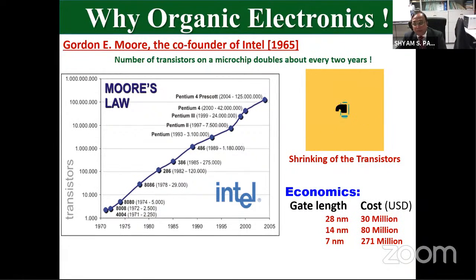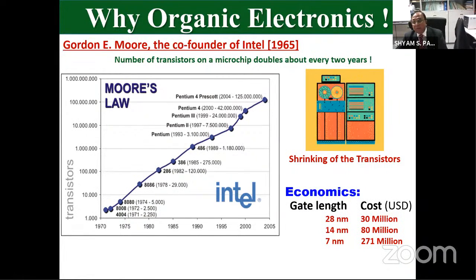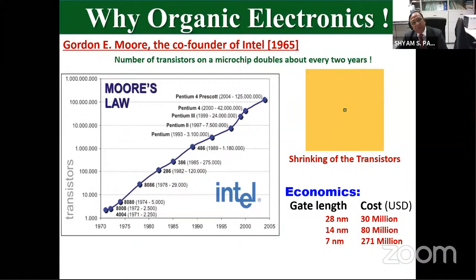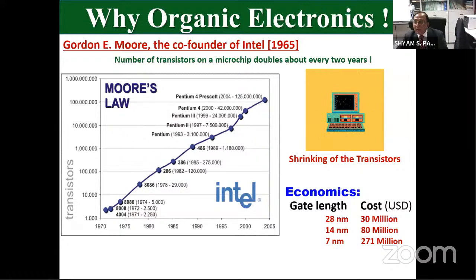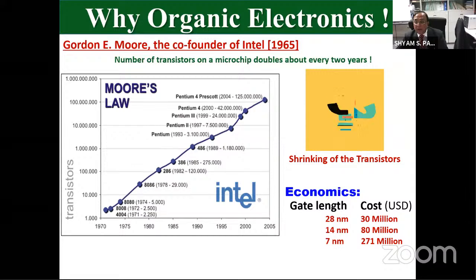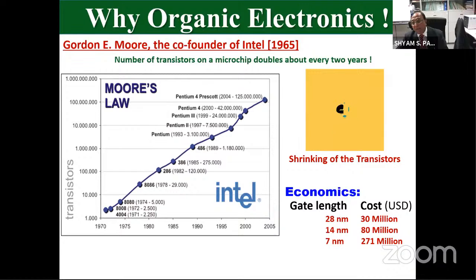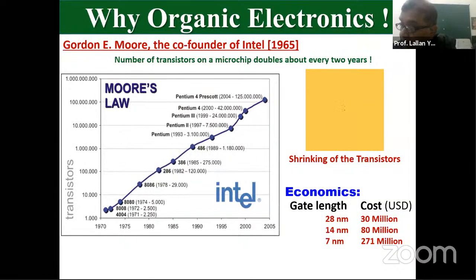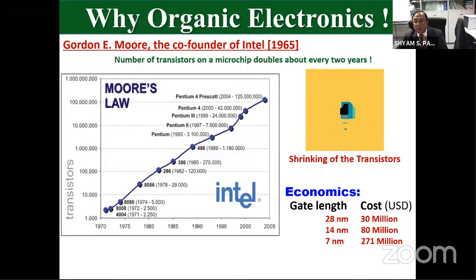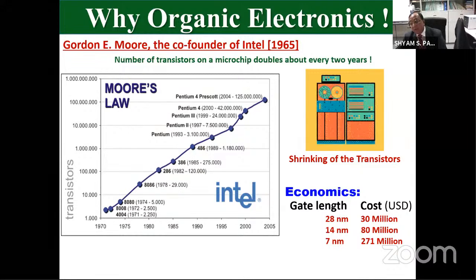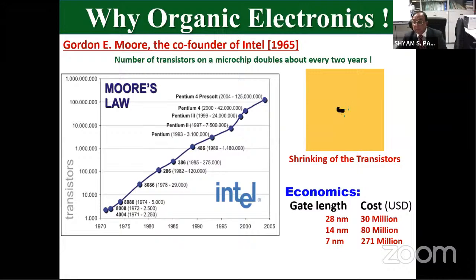But if we talk about the economic aspect, shrinking means using deep UV lithography to make smaller and smaller devices, and the initial cost to establish a foundry for making a 28 nanometer gate costs 30 million. Going lower, a 40 nanometer chip, 80 million US dollars. And if we want to make a foundry at 7 nanometer, it costs 271 million, quite a costly affair.